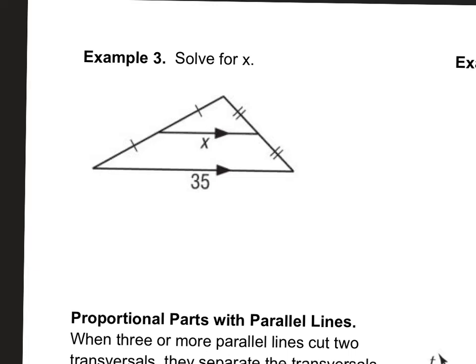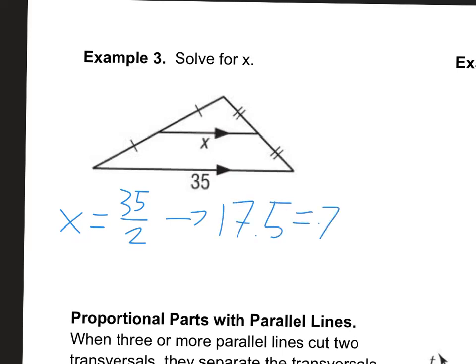So our equation is essentially x is equal to 35 over 2. And we could leave it like that, or we could simplify it down to 17.5 or 17 and a half. And that's it.